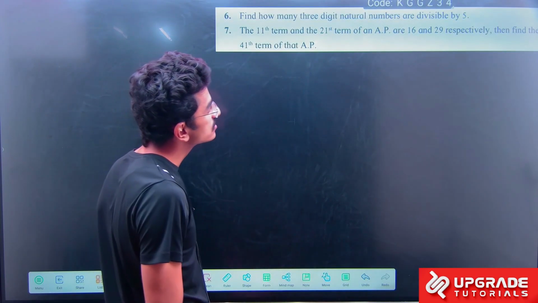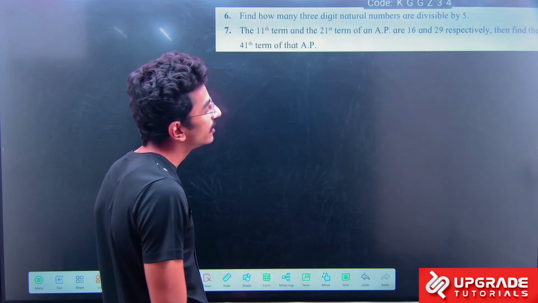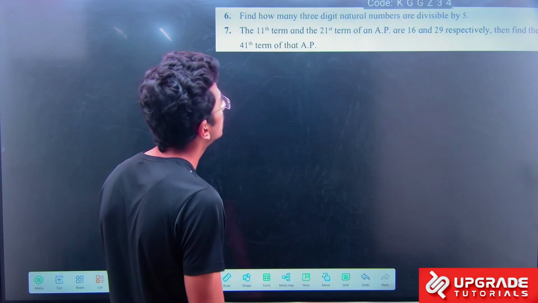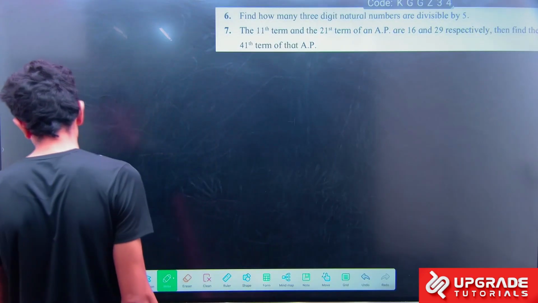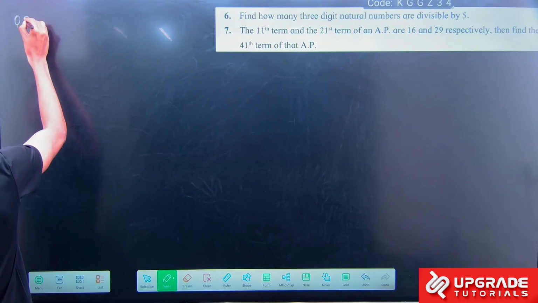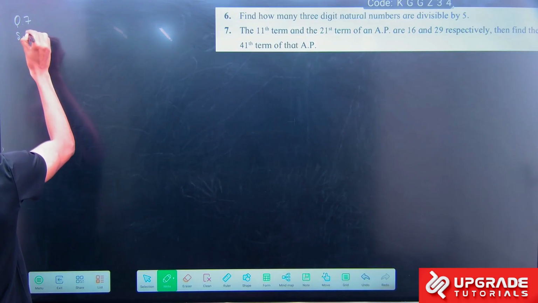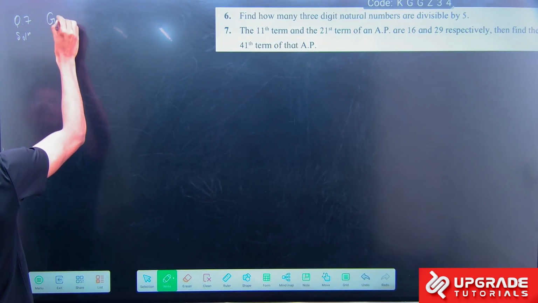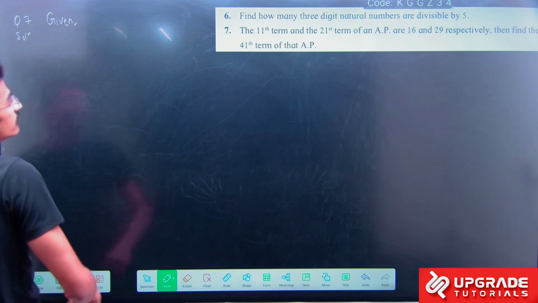The 11th and 21st terms of an AP are 16 and 29 respectively. Then find the 41st term. Okay. Question number 7. Given. What is given?